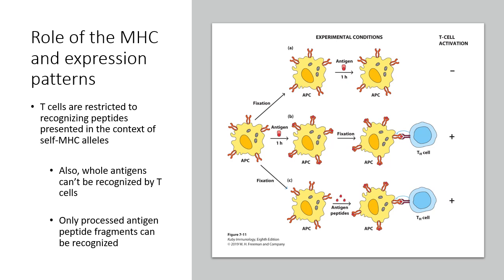So your cells have to process those antigens first and degrade them, chop them up into little bitty bits. Those small protein bits are known as peptides. Only the processed antigen peptide fragments can be recognized. Your immune system cannot recognize a full-length protein. It's too big, too physically clunky. Being able to recognize little bits and pieces of it that are hopefully unique to that particular pathogen would be good.